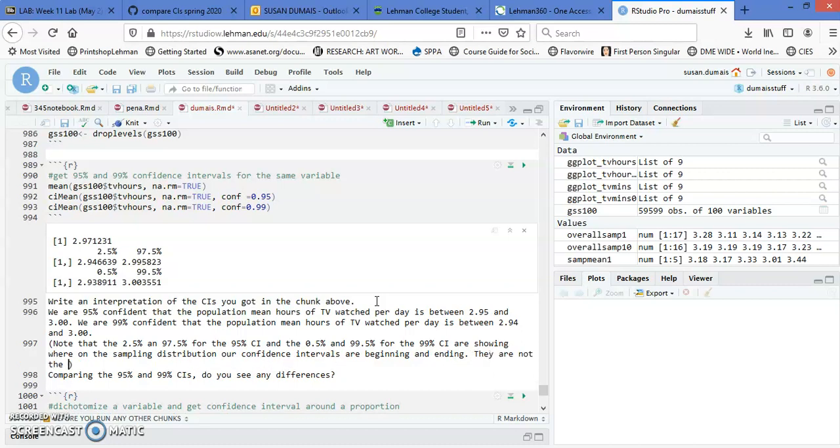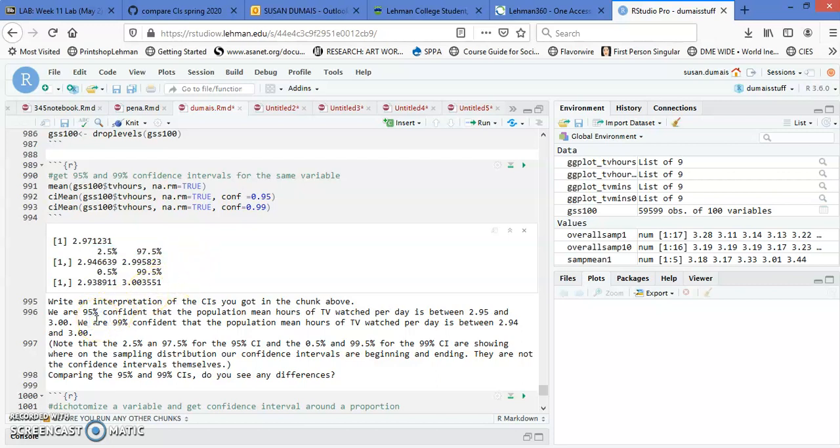They are not the confidence intervals themselves, right? I don't want anyone to get confused and think that the actual confidence interval of 95% for TV hours is 2.5% to 97.5%. That's just showing where on our normal curve we're cutting off at the beginning, and at the end we're leaving off 5% of the area, and we're saying we're 95% confident that our population mean is within this area right there, 95% of the area under the curve.